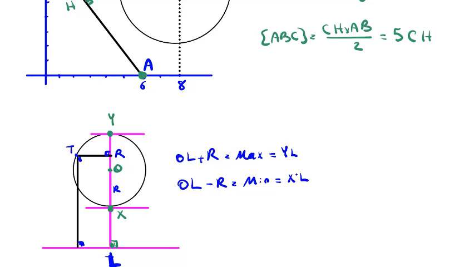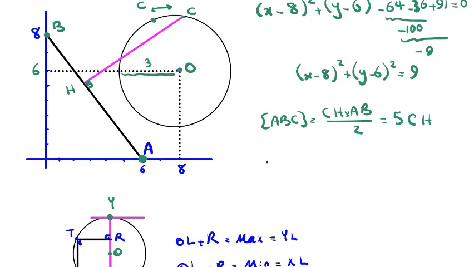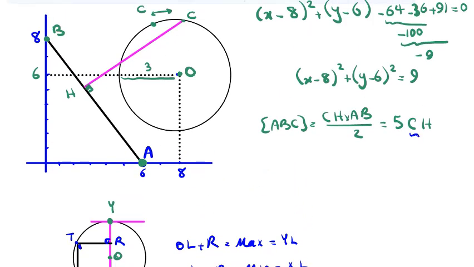OL minus R is XL. So we should find CH. If I draw a perpendicular to this, and call this point L, the maximum CH is OL plus R. This is R. It's OL plus R.